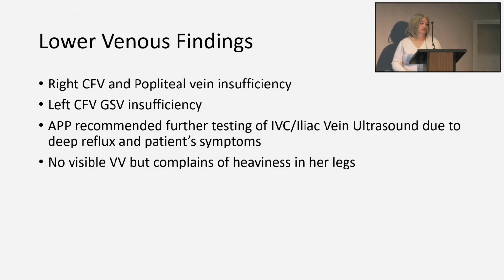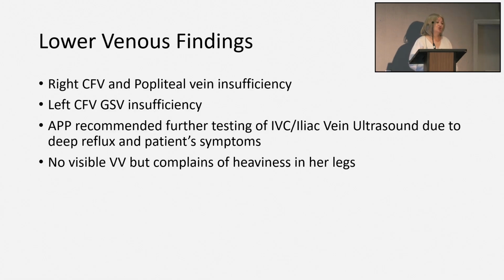The lower venous duplex findings: she had right deep vein insufficiency, left common femoral and GSV insufficiency. The APP recommended at that time an IVC iliac vein due to finding deep reflux on the lower extremity venous.